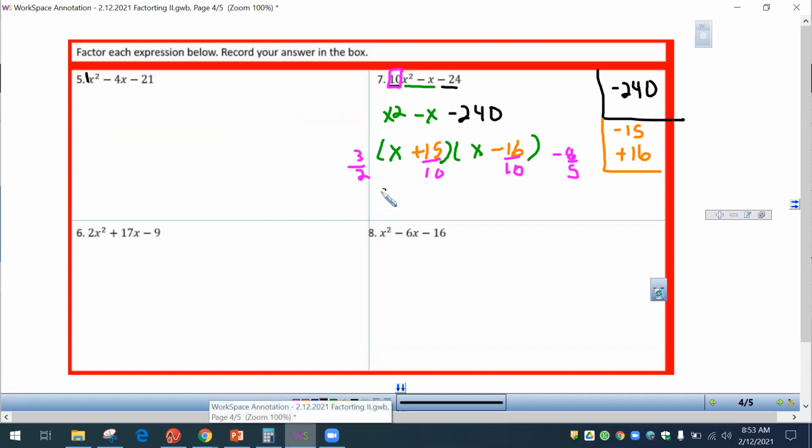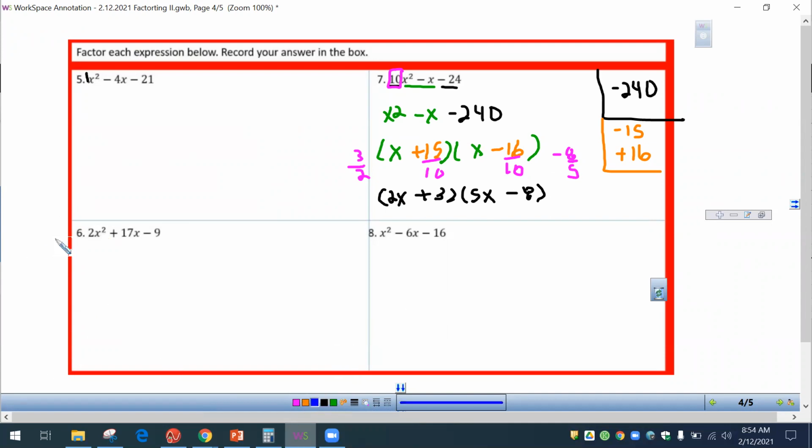So then right here, this 2 goes up here in the front. This 3 goes over here. This 5 goes up here. This 8 goes right here. And we'll do another one over here.